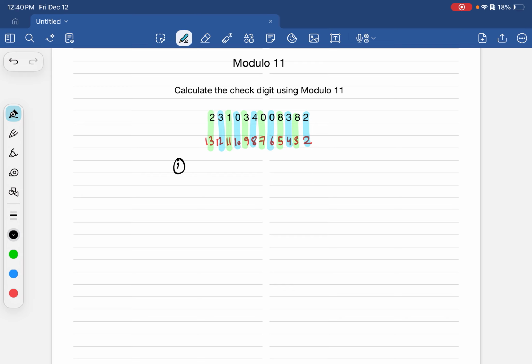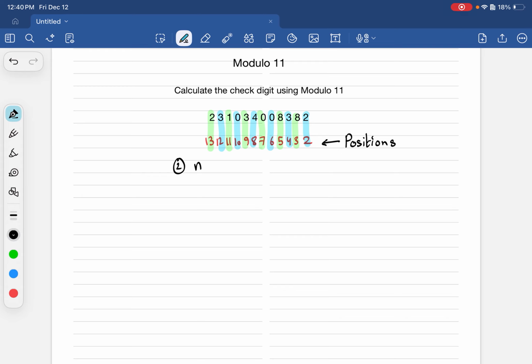So the first step is write down the positions starting from the right and starting with the number 2. Right, so those are the positions that we have, starting with 2 and from the right hand side instead of from the left hand side. Okay, make sure that you are hearing that correctly.